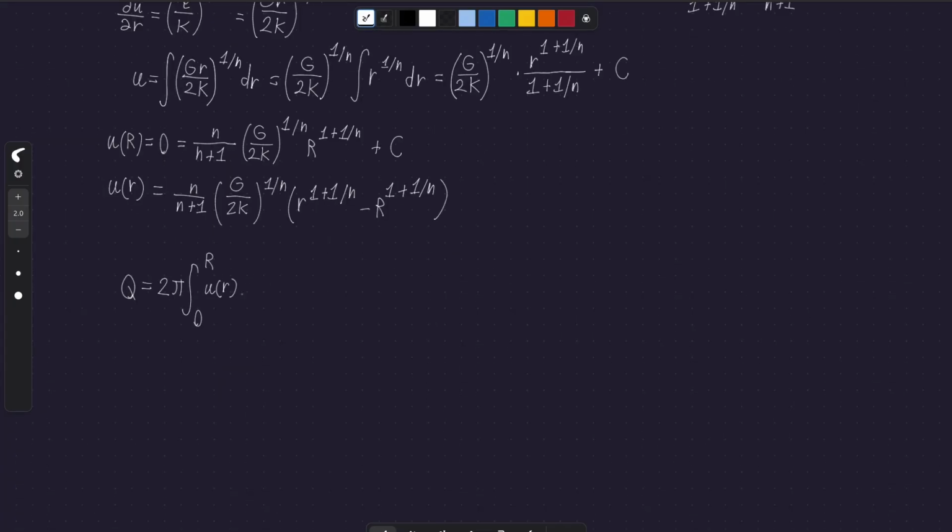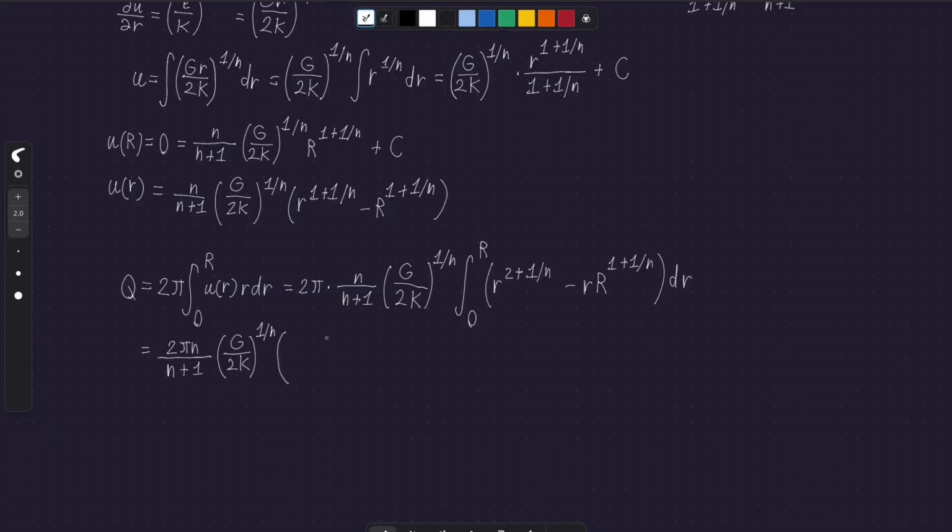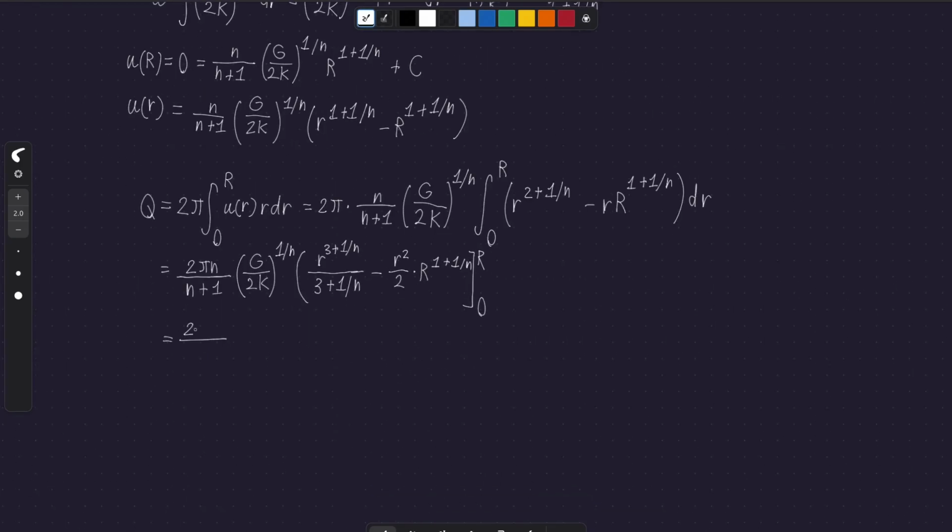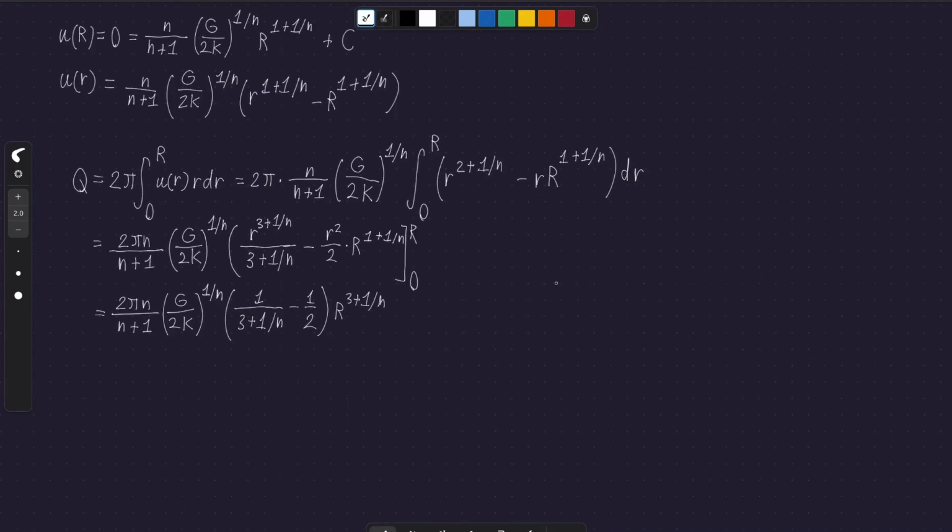Now we are going to get the volumetric flow. Okay, and now the lower bound gives 0. For the upper bound, we find this. And the term inside here, we can simplify it, make it look a bit nicer.